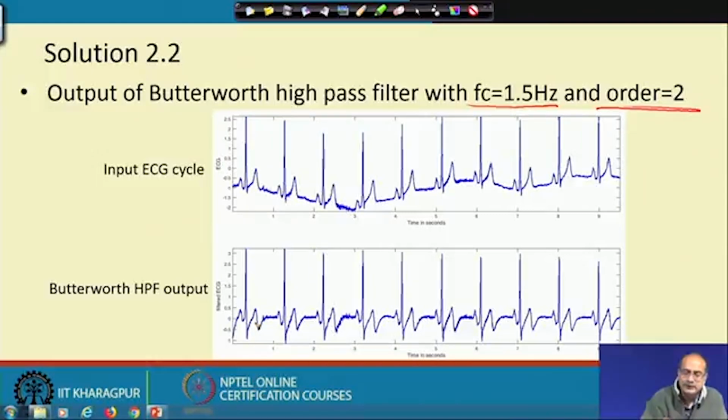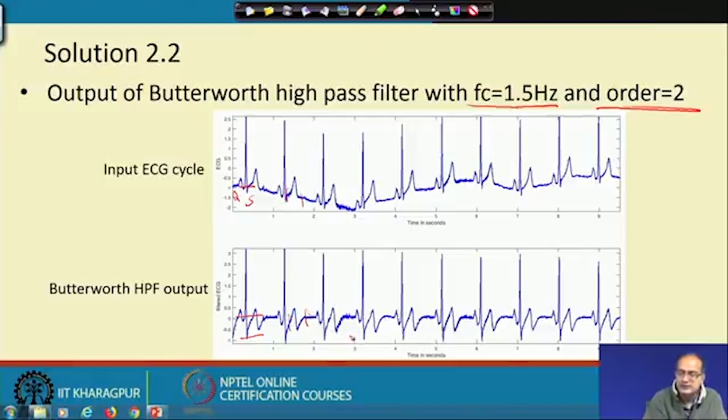The only thing we can see, if we look at the relative difference between the Q and the S waves, here we see that they are stretched. So, there is some distortion, and the T wave, which was a positive hump, has now become an oscillation.